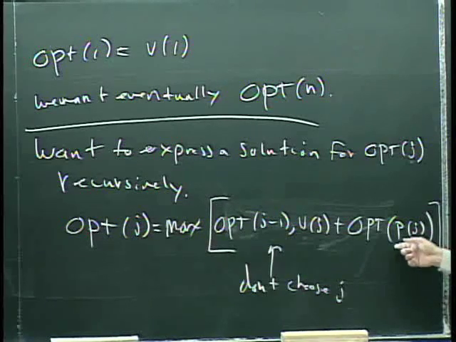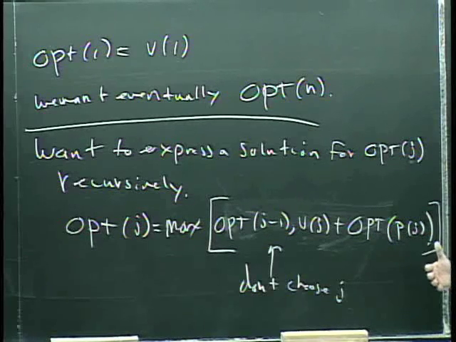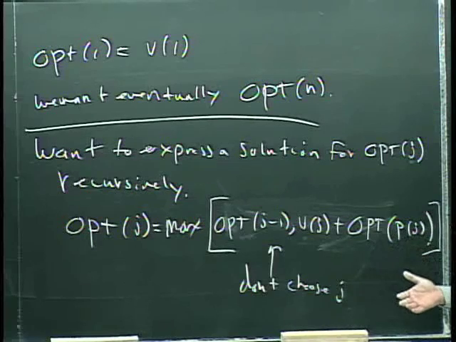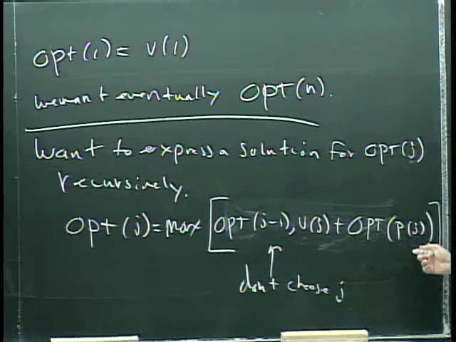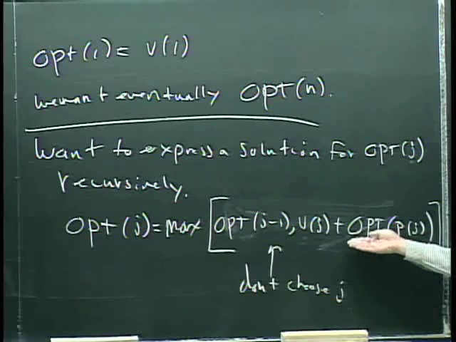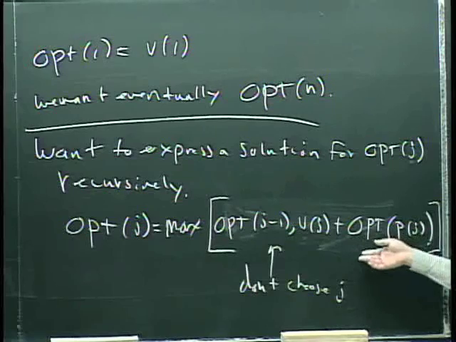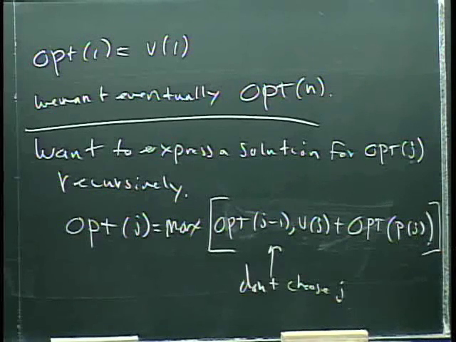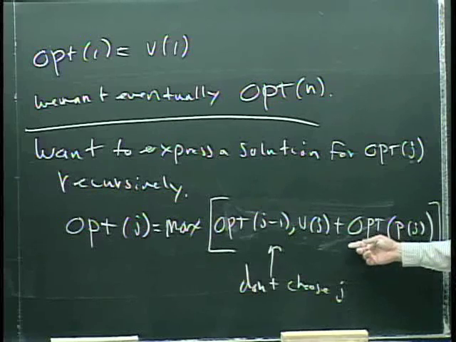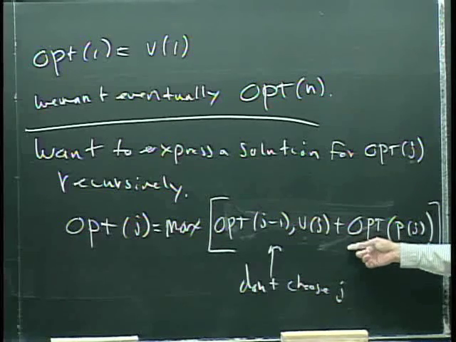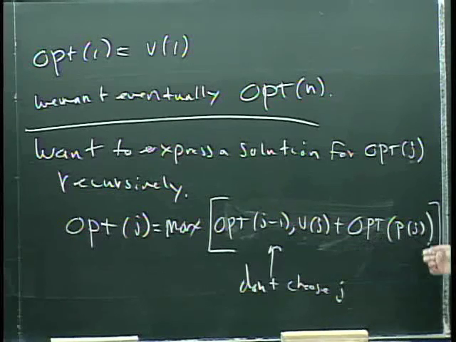That's by the way we defined pj. But why is it right to say opt here? Well, if you consider any other subset of pairwise non-overlapping intervals in the range 1 through pj, if their value wasn't equal to this, then you could do better by taking that subset whose value is this and adding it to vj, and that's essentially a proof that it was the right thing to do is to take the solution whose value is opt of pj.